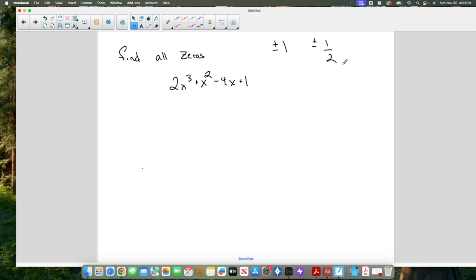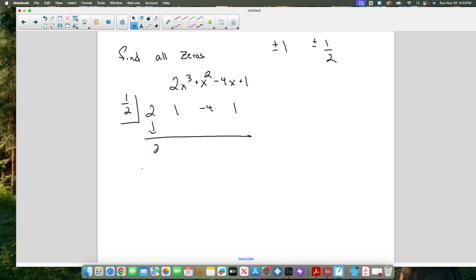Now, what I would typically do, if you were finding zeros, is try 1 and negative 1 first. Always the simplest number, no problem. But for our sake, I want to do 1/2, and we're going to test this out.